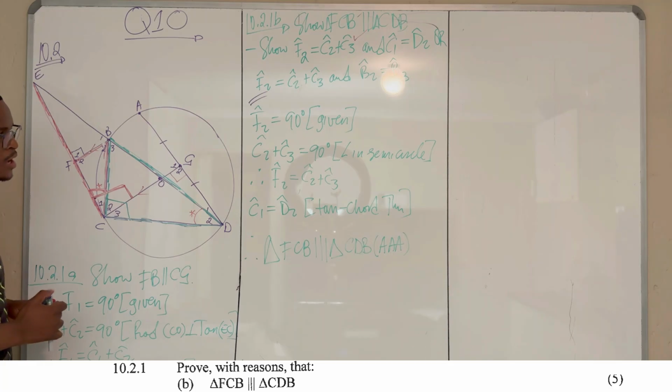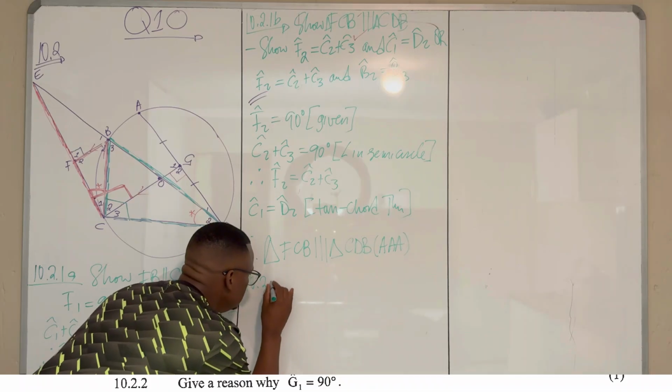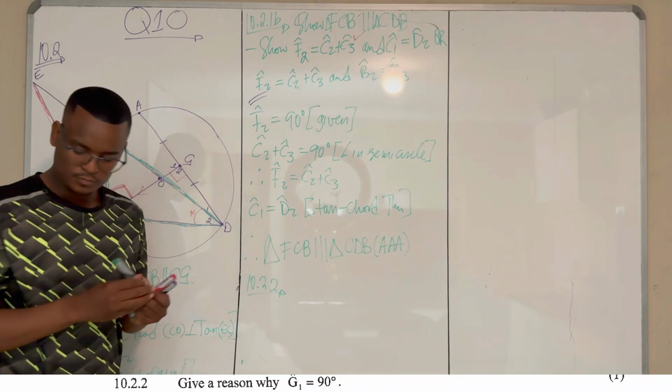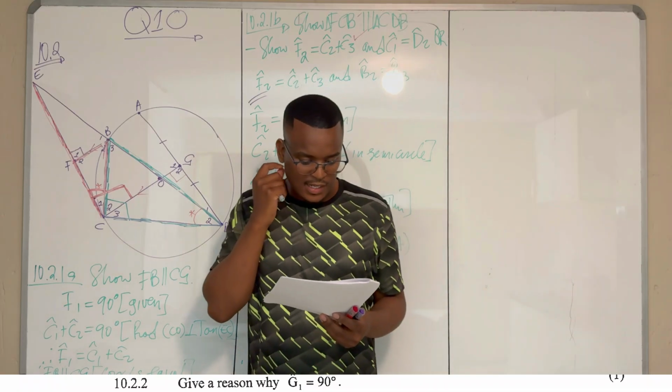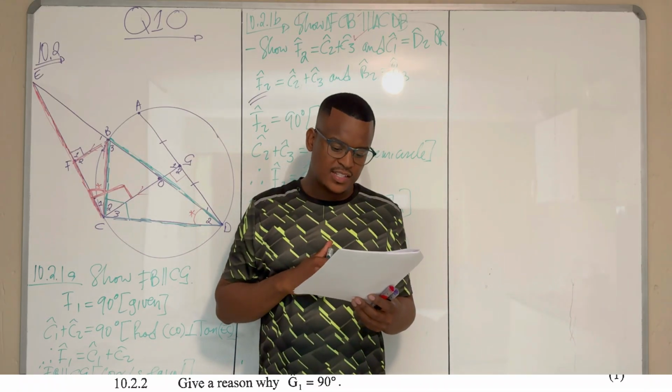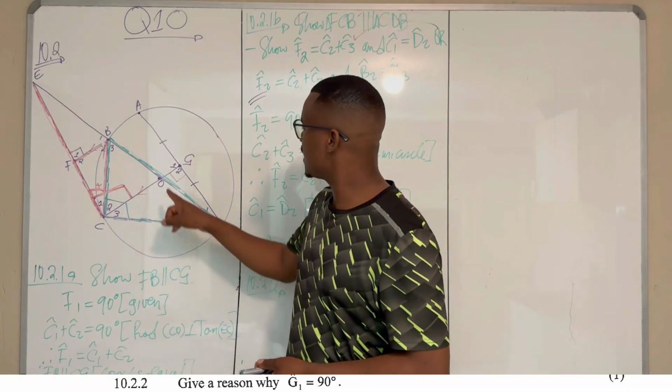We move to another question, which is 10.2.2. What are they saying? They're saying at 10.2.2, give a reason why G1 is equal to 90 degrees. So G1 is this angle over here.